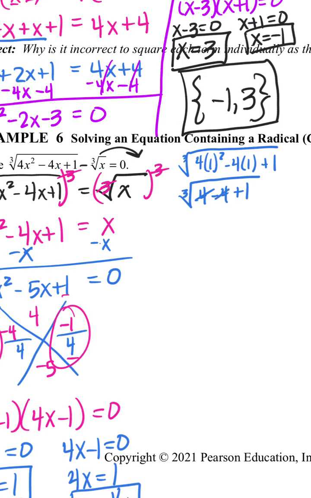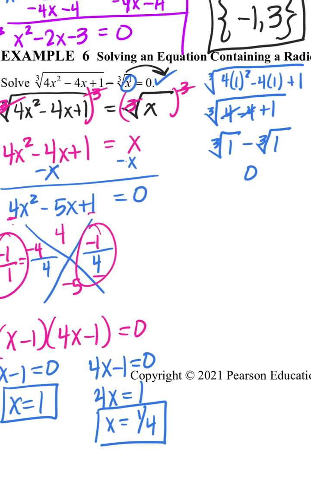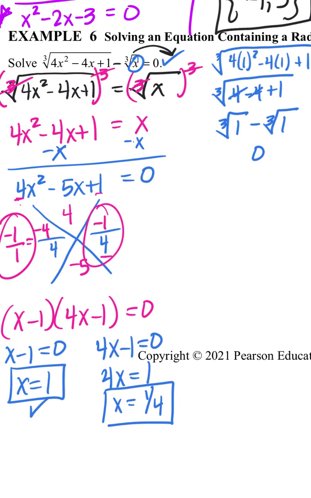Those 4s cancel out, so you've got the cube root of 1 minus, and you're just going to replace that with a 1, so the cube root of 1. Well, the cube root of 1 minus the cube root of 1, the answer is 0, and so that checks. So we know that this is a good number.